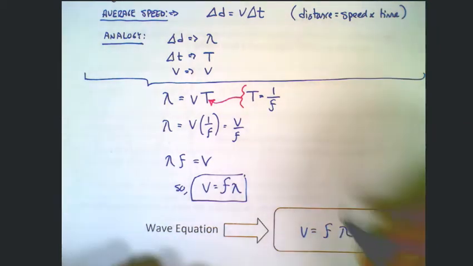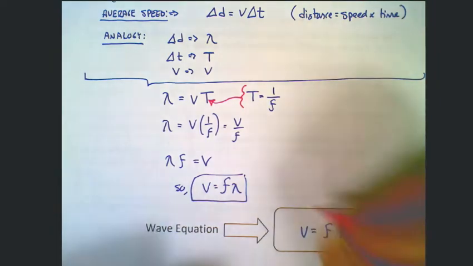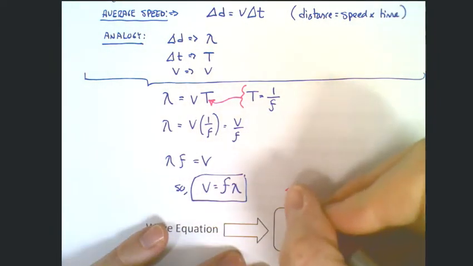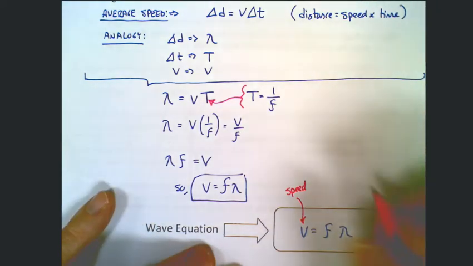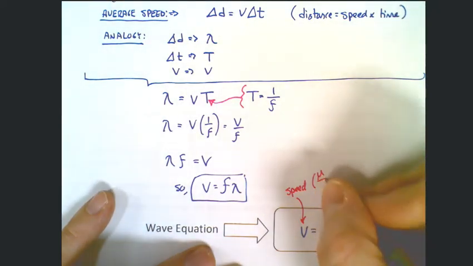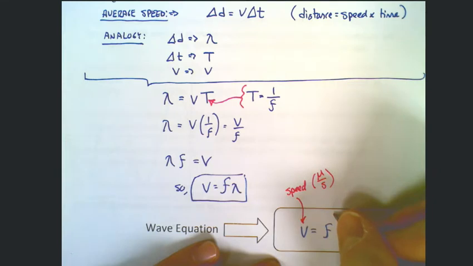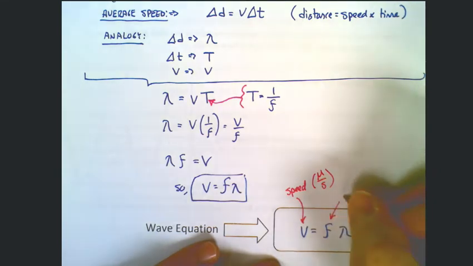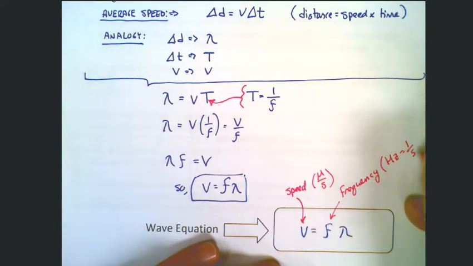From here we know that v is the speed of the wave, and the units for the speed are typically meters per second. You can have other units, but for now we'll just say it's meters per second. f is, of course, the frequency, measured in hertz, or we know hertz is cycles per second, or 1 over seconds.